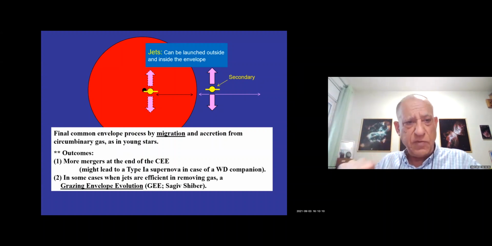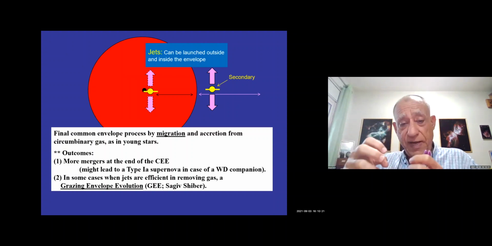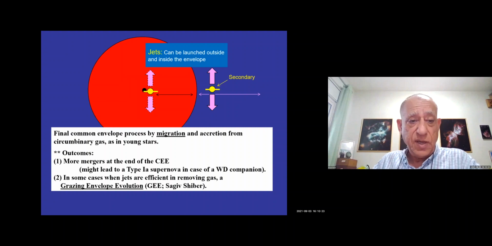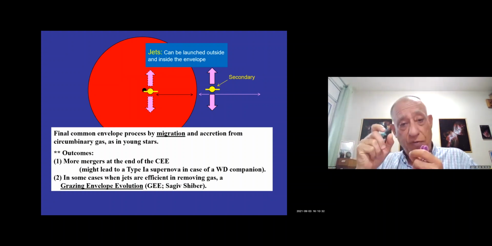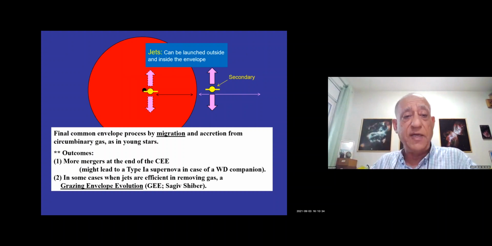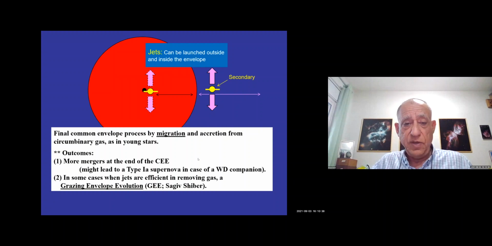But even if we don't get merger, when it comes very close, we should consider the possibility of what I call migration, because we have a circumbinary disk that forms around the binaries, and it's like planet migration around a young stellar object. And so this circumbinary disk can further cause the binary, now the compact companion and the core, to spiral in, and this process can lead to more mergers than we would expect otherwise.